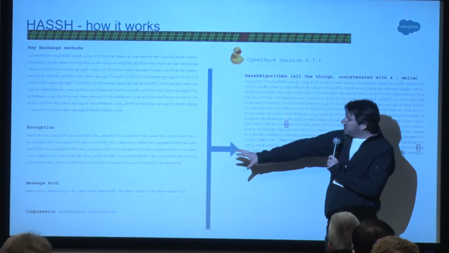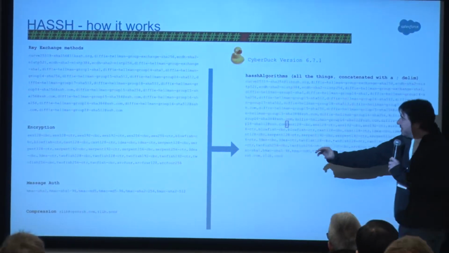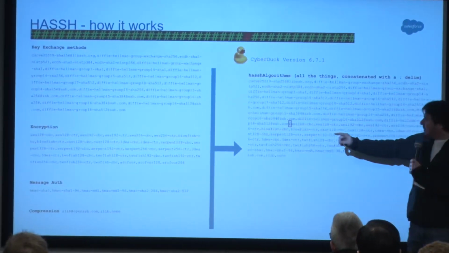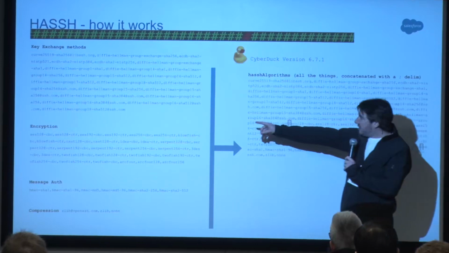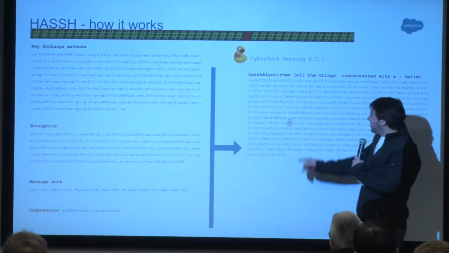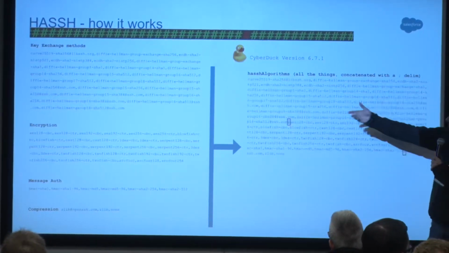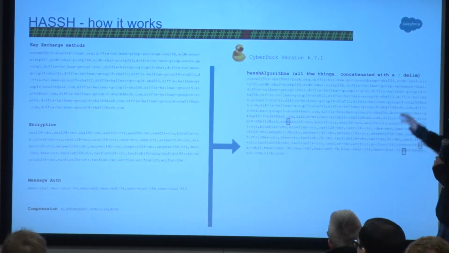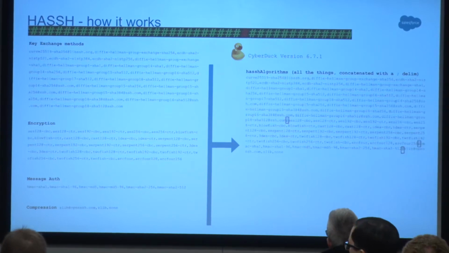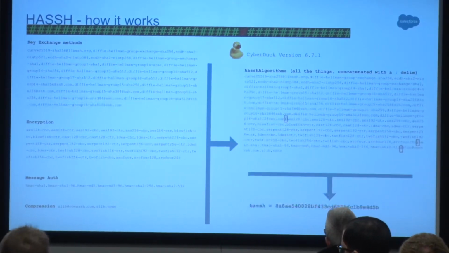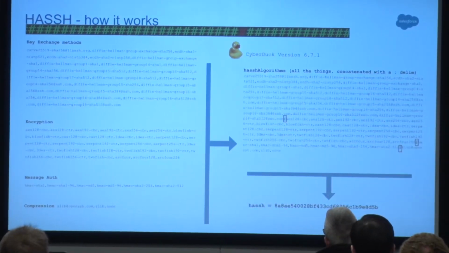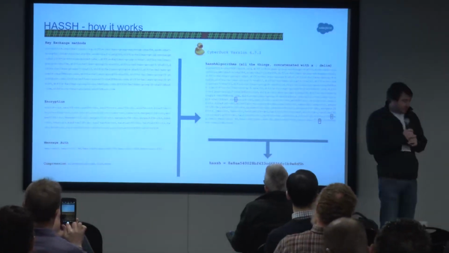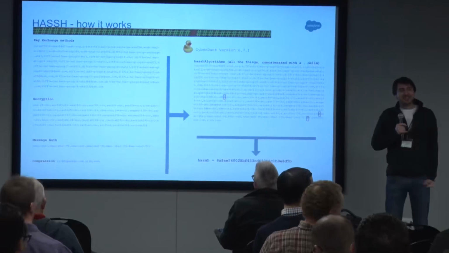It takes those four fields and concatenates them using a semicolon delimiter, and they're already delimited by commas. So each cipher is delimited by a comma, and then we delimit each field by a semicolon. We take that entire string and MD5 hash it, and this is our hash value. This is our fingerprint for the client or the server.